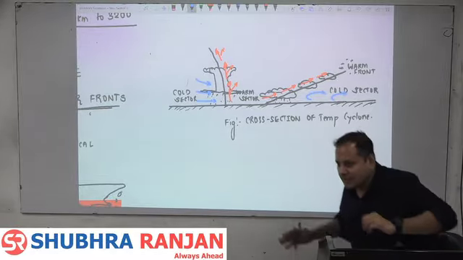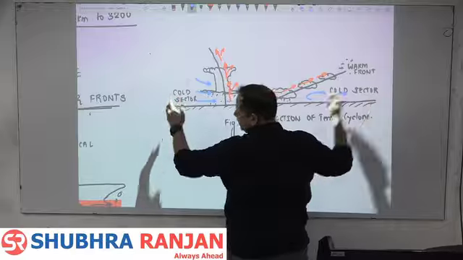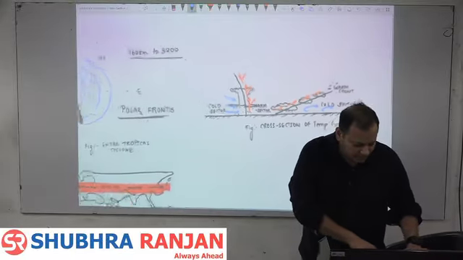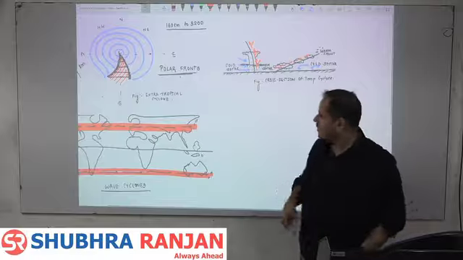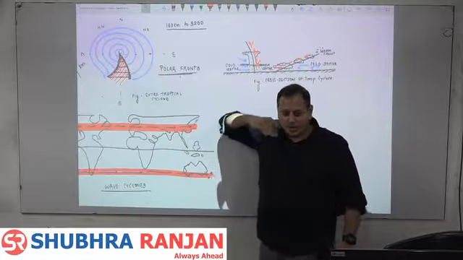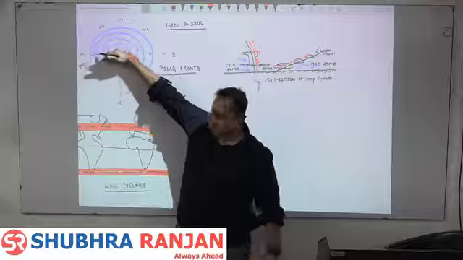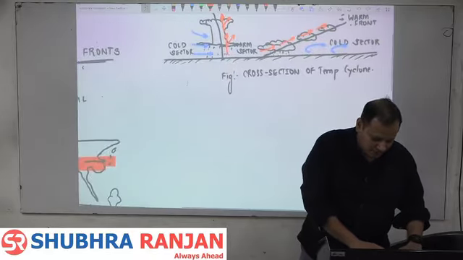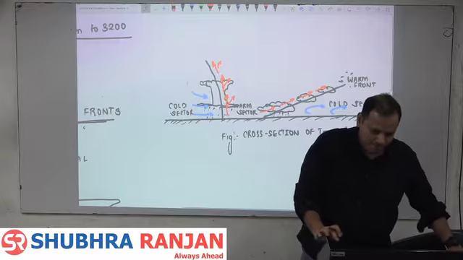This whole phenomenon is the temperate cyclone. This diagram is just a cross-section view of how it will look. Fine. So you can draw this diagram.